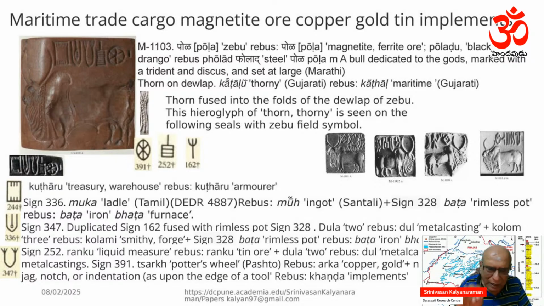It can be woodwork, it can be metalwork, it can be anything else. It can be metal casting, or creating a statue, it can be a sculpture, whatever. Whatever work is going on, they can document it. So like this, 5 of these inscriptions contain this Zebu Brahmani bull. It has a dewlap, but the thorn is fused into the dewlap.